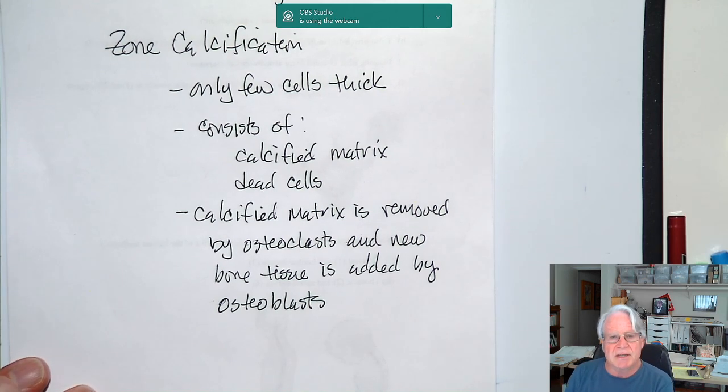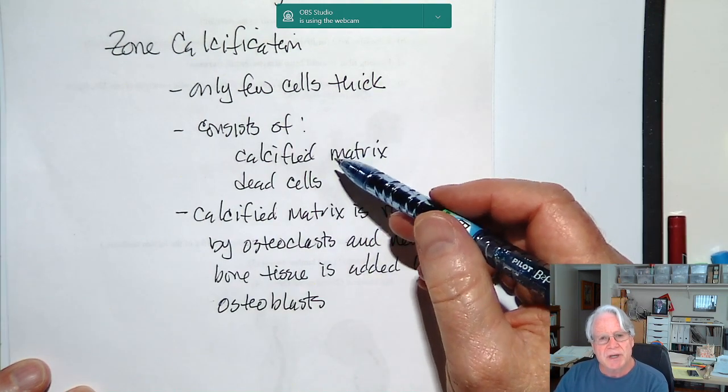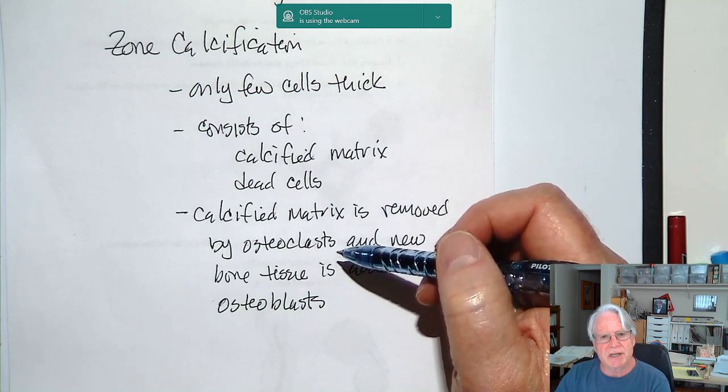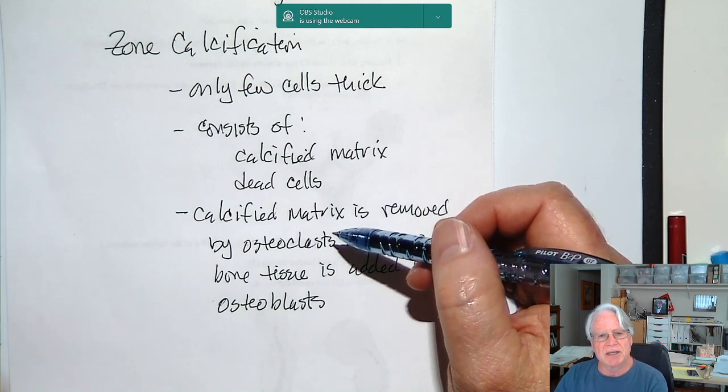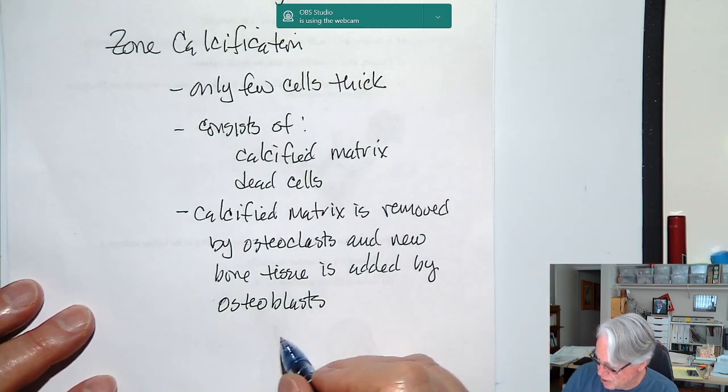The interesting thing is that, so we're replacing the cartilage with bone tissue. So we chew away at the calcified matrix and then replace it with bone tissue. And that bone tissue is going to be spongy bone.